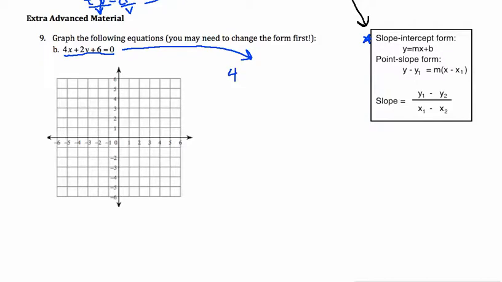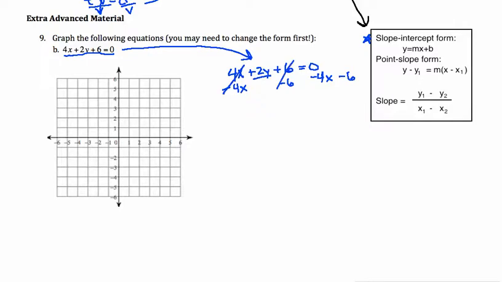So 4x plus 2y plus 6 equals 0. Okay. We want to get y by itself, so the first thing we want to do is get 2y by itself. So we want to get 4x, subtract it, take it to the other side, and we also want to subtract 6 from both sides.